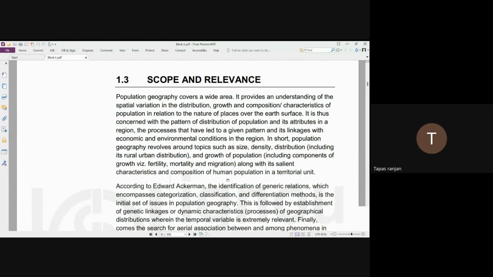Let's take the example of India. We have a very high population. The size of population in India is very high, there are limited resources, and a lot of people are living below the poverty line. So what can be done to improve their quality of life? This is the scope of population geography. Now there is a gap between the theoretical part and the practical part.